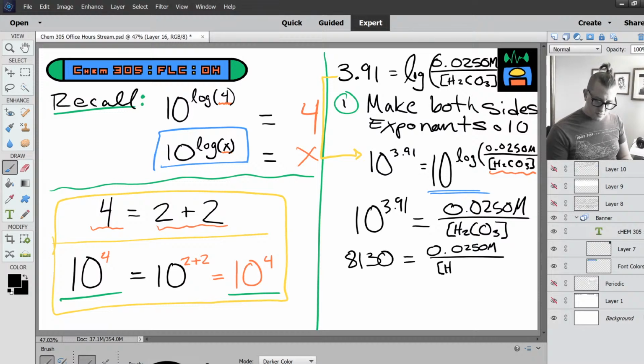Now we have to solve for our concentration of carbonic acid.